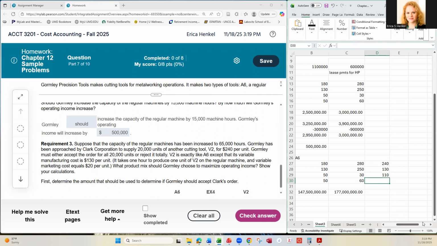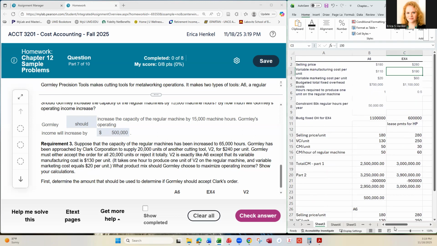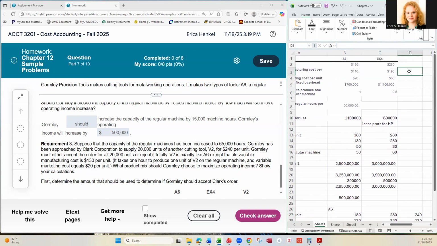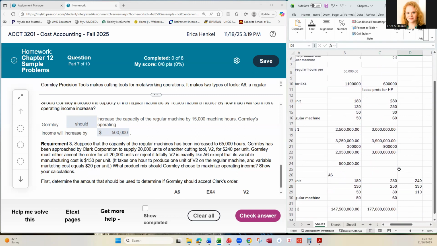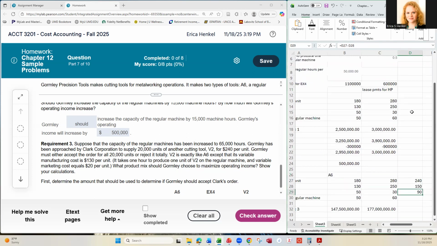Oh, okay, sorry. Okay, that's right. So instead of having this variable cost of 110 up here, it's 130. There we go. All right, there, plus the $20. So it's going to have $150. Okay, I knew based on that wording, there had to be something I was missing there. Okay, so the manufacturing cost goes up by $20.